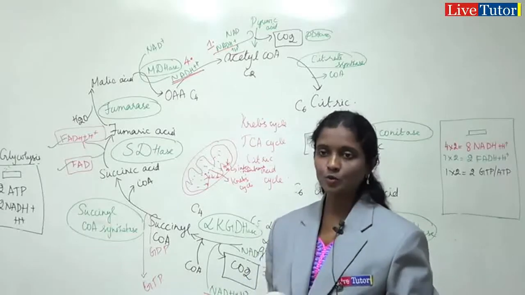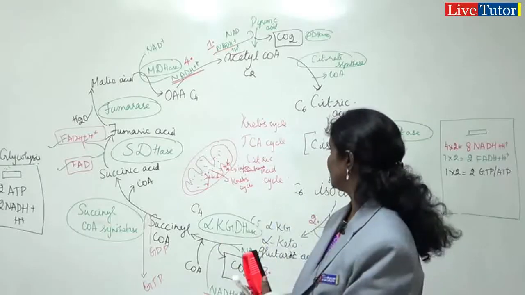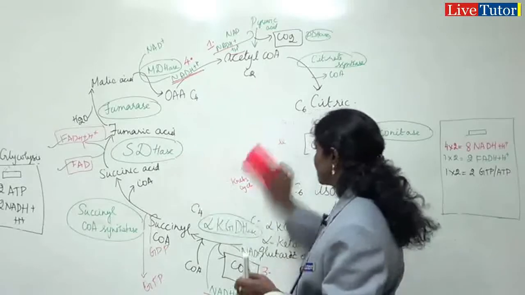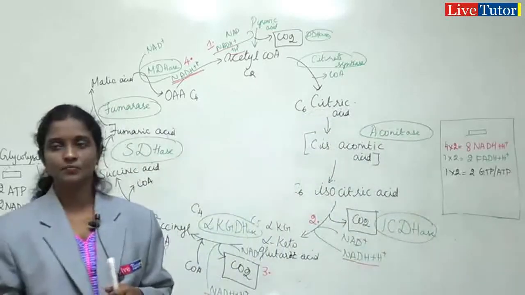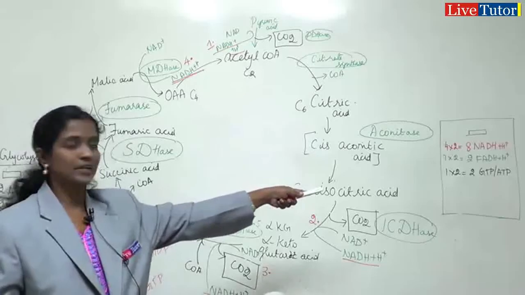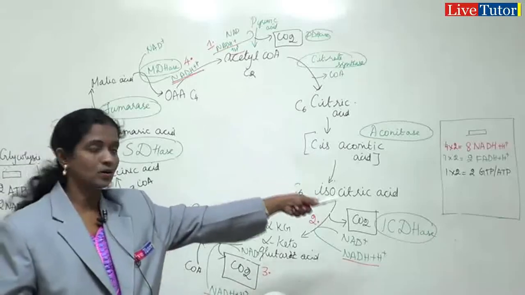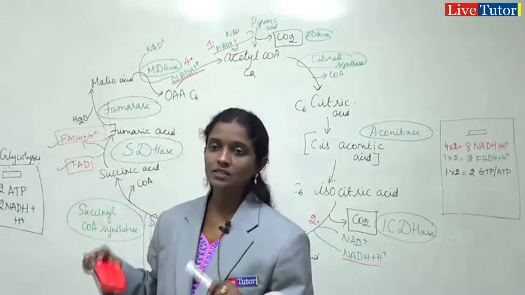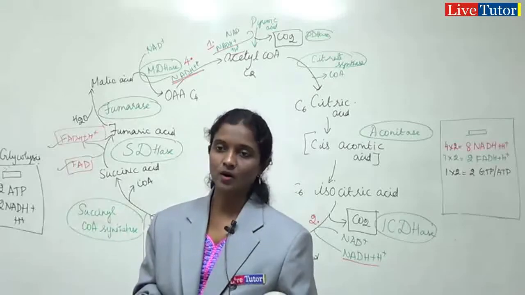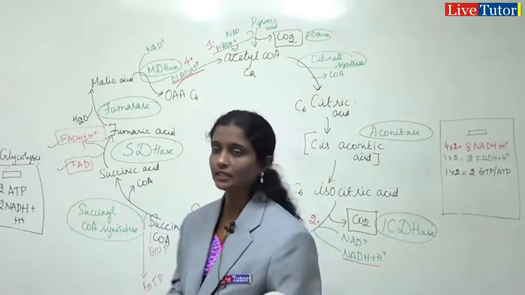Now let us proceed. Whatever we have saved here, we are going to take it and bring it to the next cristae. So these boxes we will carry. There are two boxes we have saved, one on the left, one on the right. We are going to take these two boxes to the mitochondria. Shall we take it to the mitochondria? Yes.